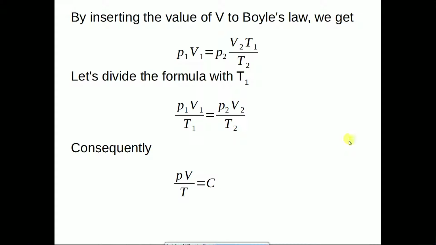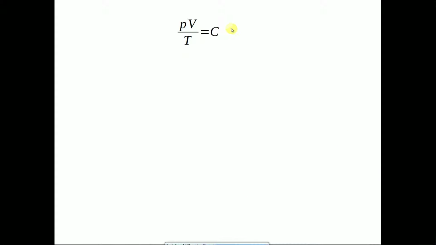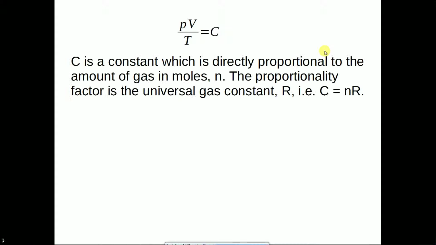This constant C is known. It is nR, where n is the amount of substance in moles and R is the gas constant. We can write this law as PV over T is nR, or we can multiply this equation with T and get PV is nRT.